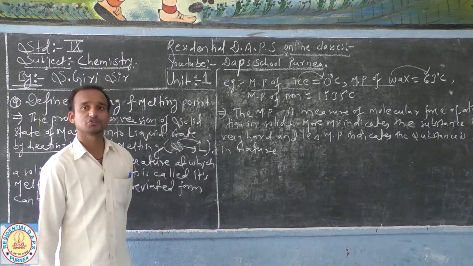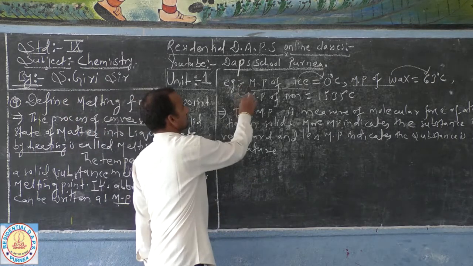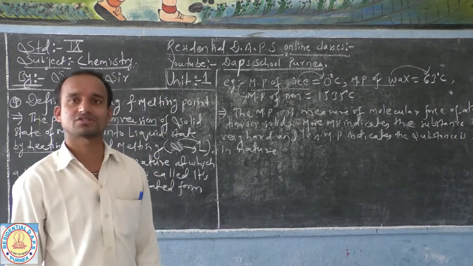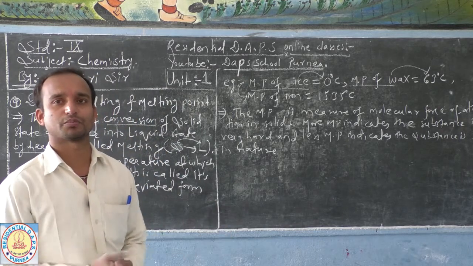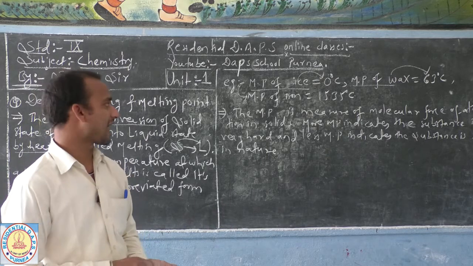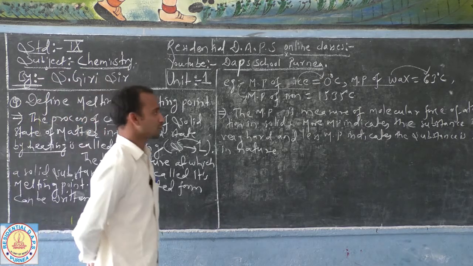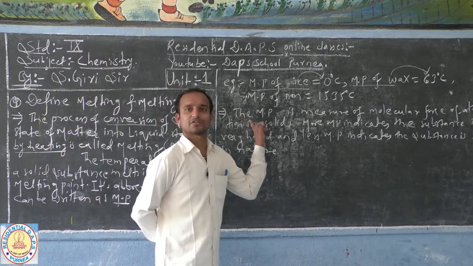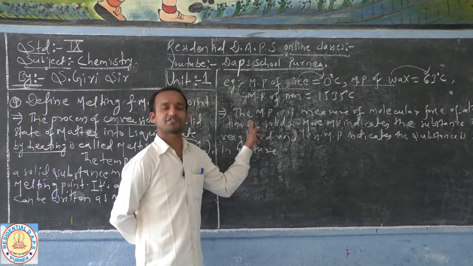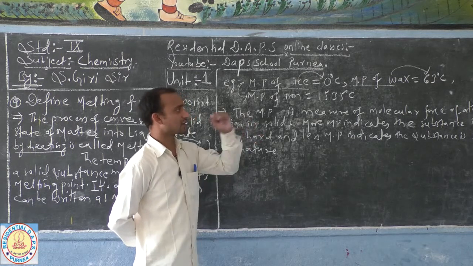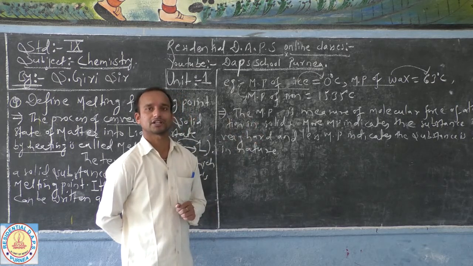Now, what conclusions can be drawn? We have already seen that different solid materials have different melting points, each and every solid material has its own melting point. This variable melting point of different solid materials indicates the measure of the molecular force of attraction between them.